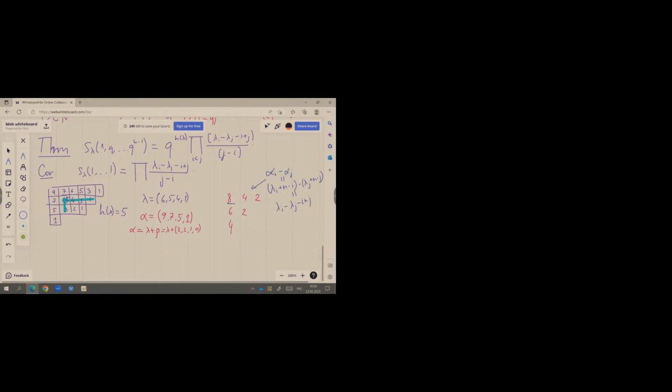So what we have here is the following thing. We can say that the product of hook lengths in a Young diagram, h of x, where x is a box in lambda, how can I put it?